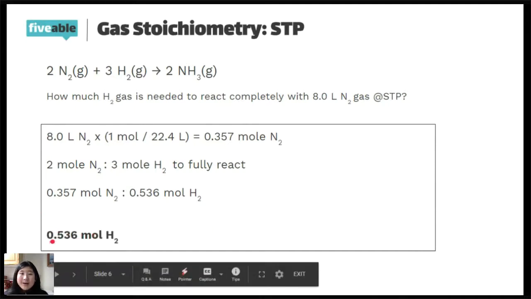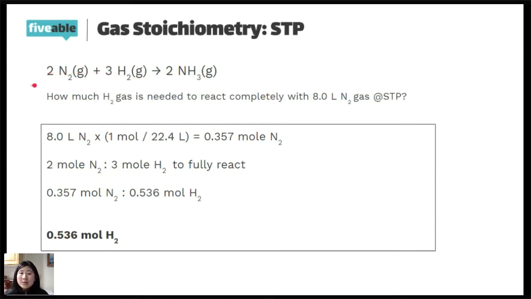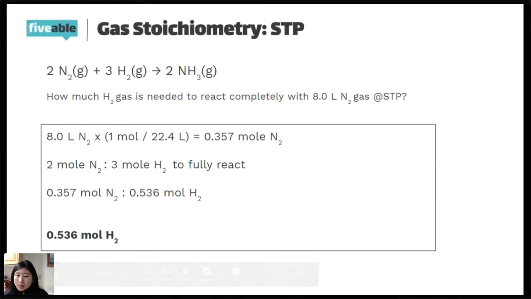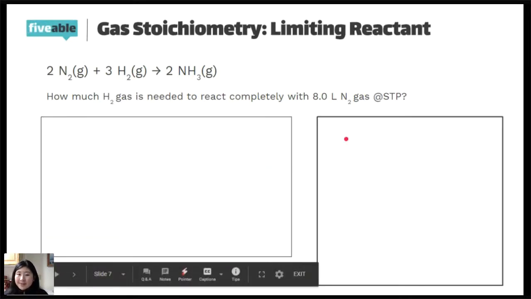And so this is our answer. We need 0.536 moles of hydrogen gas in order for this scenario to fully react, or for all the reactants to be used up. So for all of the nitrogen gas to be fully used up. All right, and now we're going to move on to the next slide.